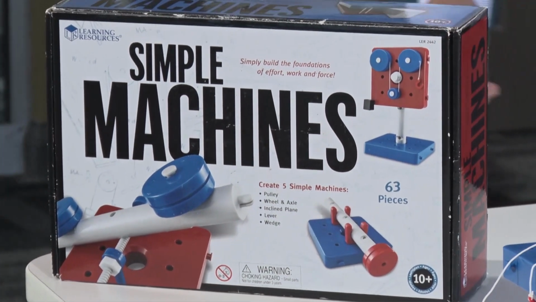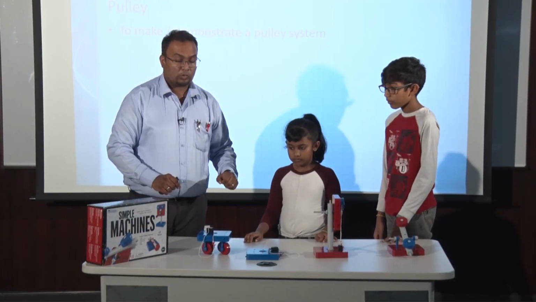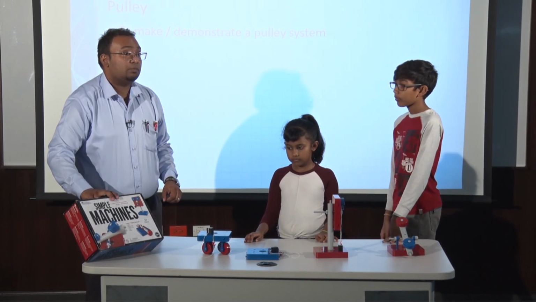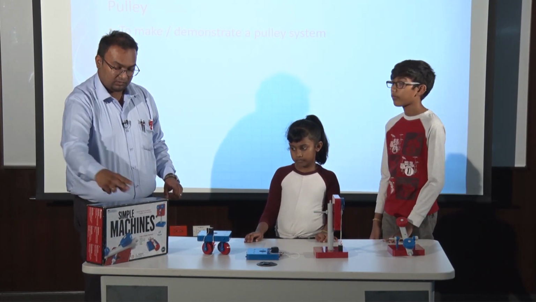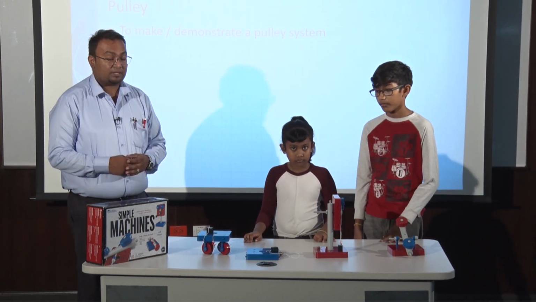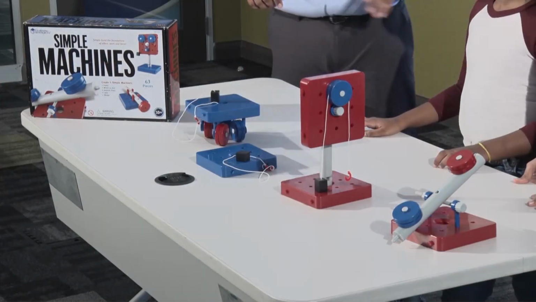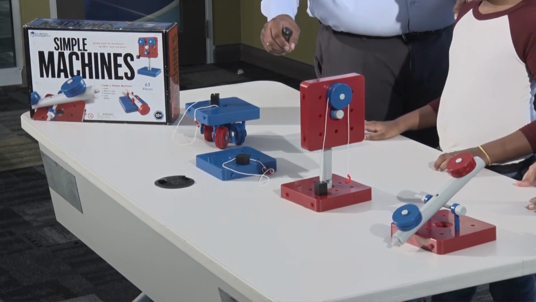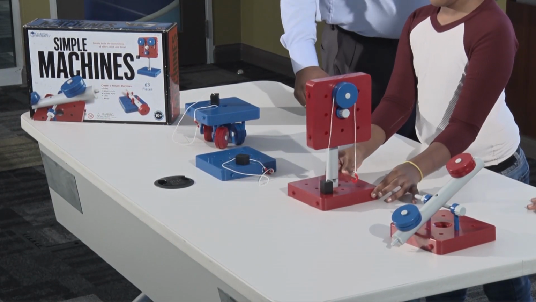So all the machines that we saw and more can be built using this kit in a combination and a variety of different activities for science. But today we are just using it to demonstrate these few.